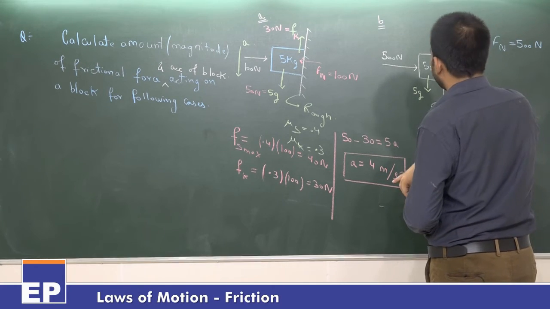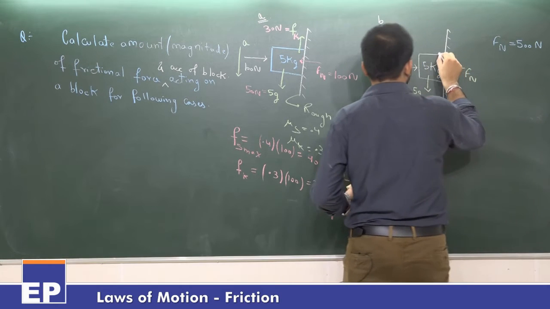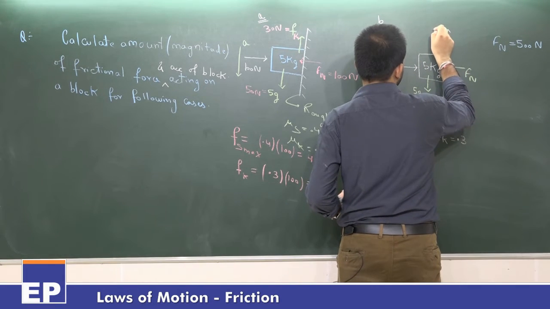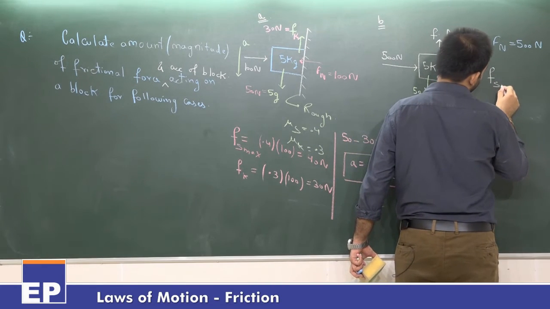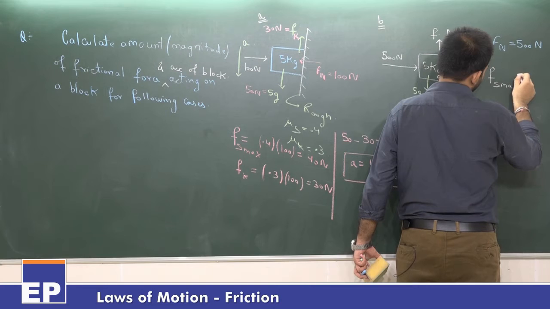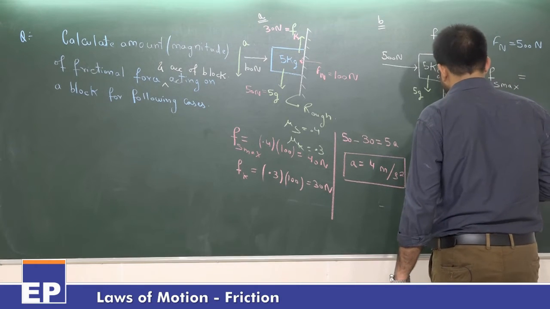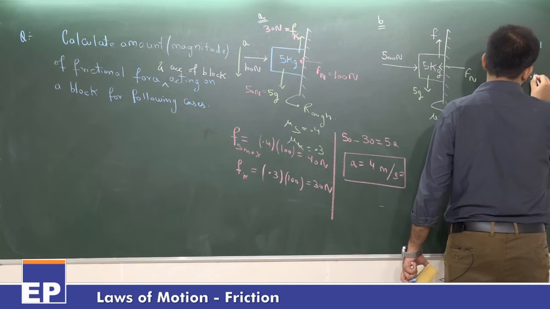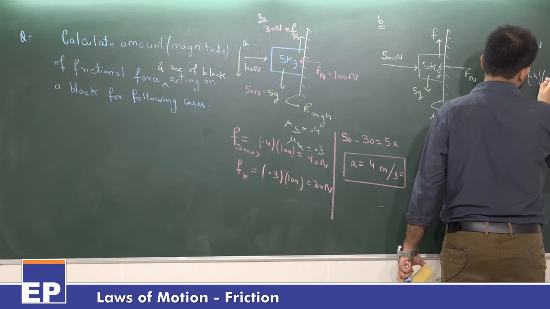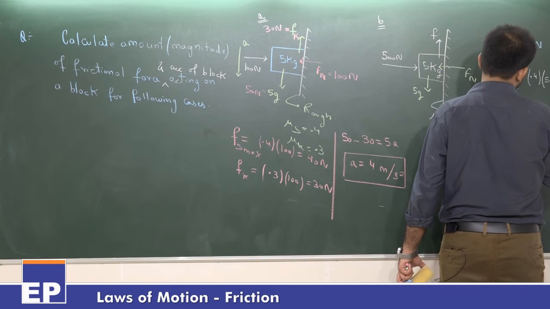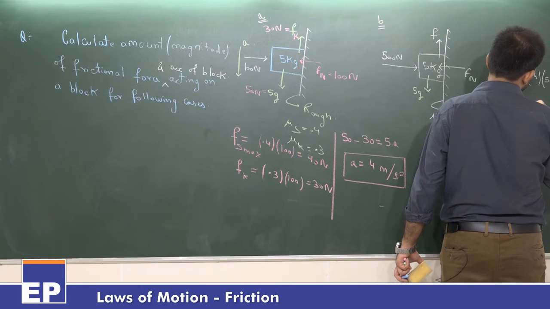Now it has a tendency to move in downward direction, so the friction will act in upward direction. What is the maximum static friction here? Mu s max. What is mu s max? 0.4 into Fn. What is Fn? 500. So it is how much? 200 Newton.